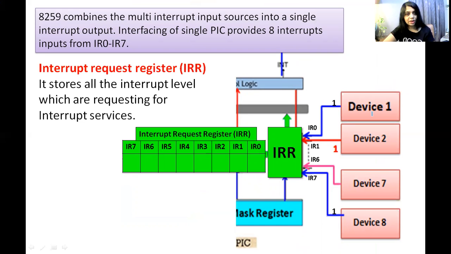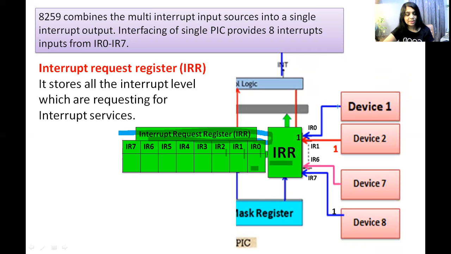Now when device 1 sends interrupt request on IR0, the IR0 corresponding bit, this is interrupt request register of 8259, it is an 8-bit register. Interrupt request register is an 8-bit register, and for every interrupt request pin, there is a corresponding bit position.